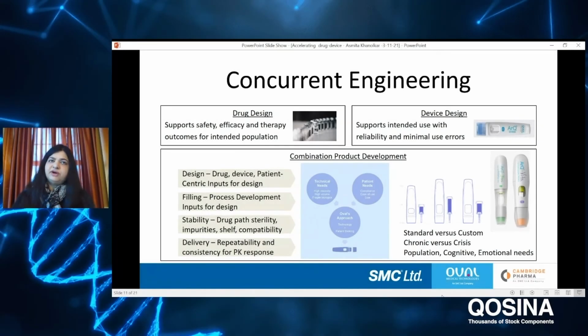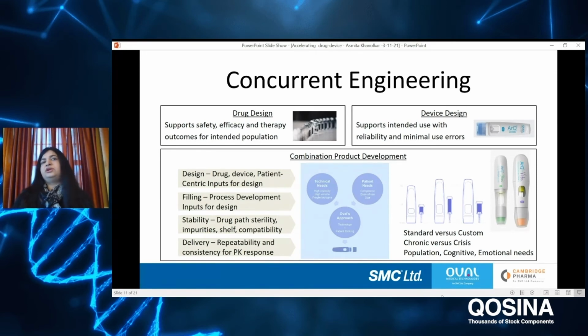Now, when we start to think about combination product development, we need to take into account all of those in relationship to the technical needs of the drug and the device, in addition to the patient needs. On the patient needs side, there are a couple of factors that need to be considered.